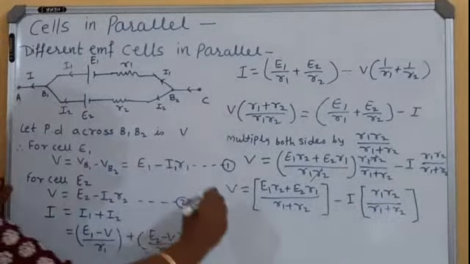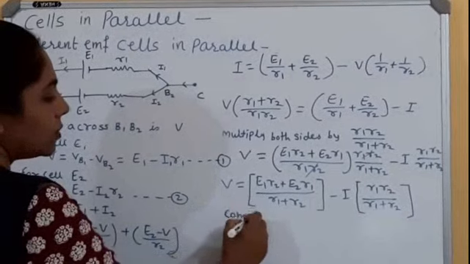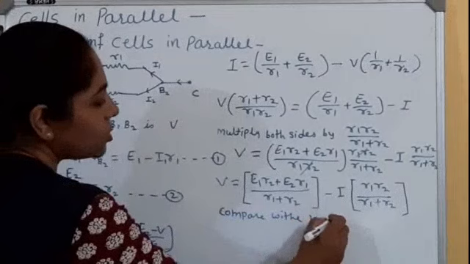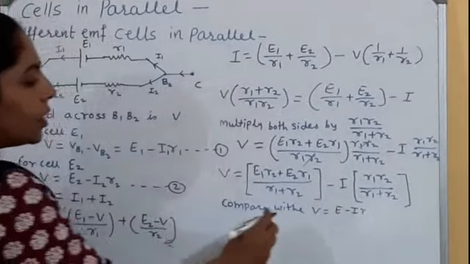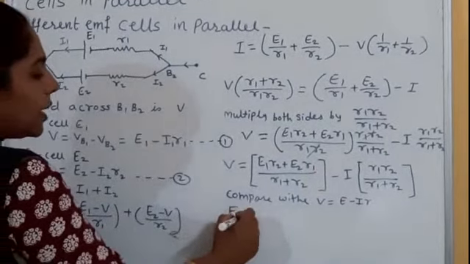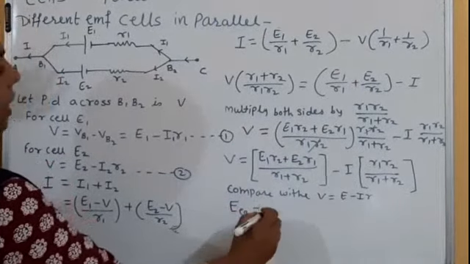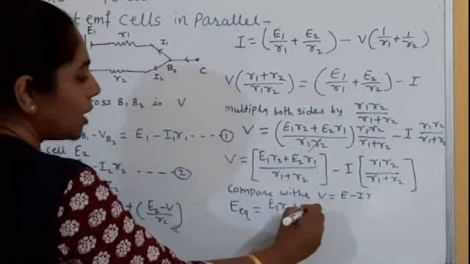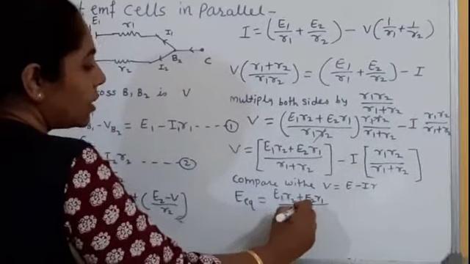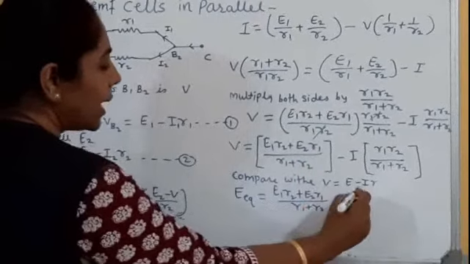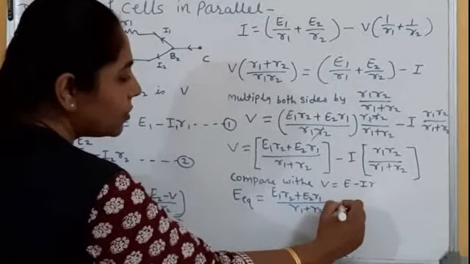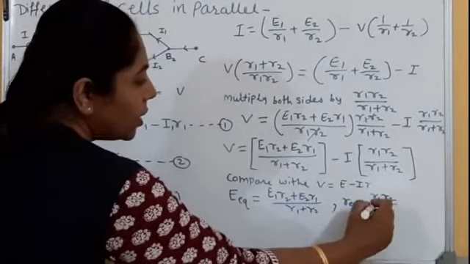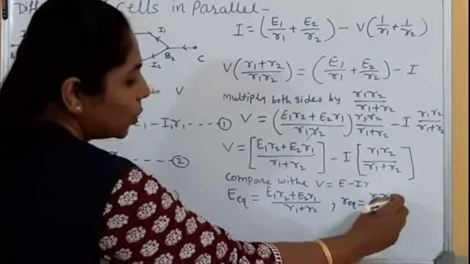So when you compare this equation with V is equal to E minus IR, you can say that equivalent EMF of parallel combination is E1 R2 plus E2 R1 upon R1 plus R2, and R equivalent is equal to R1 R2 upon R1 plus R2.